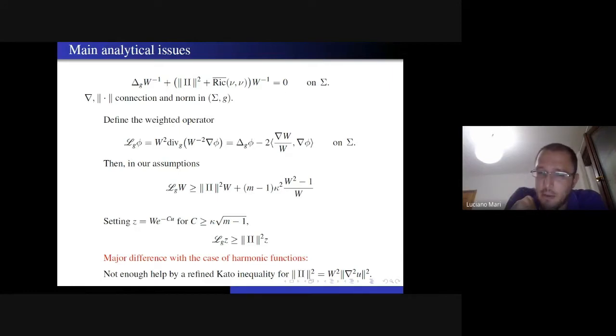So a refined Kato inequality holds and estimates the Hessian in terms of the gradient of the modulus of grad u. But if you rewrite everything in terms of w, the gain that you get is very small and is lower order, differently from the case of harmonic functions. And this causes that we don't have clearly an equation that shows an L infinity estimate for z, differently from the case of harmonic functions. Okay, that's a technical issue.